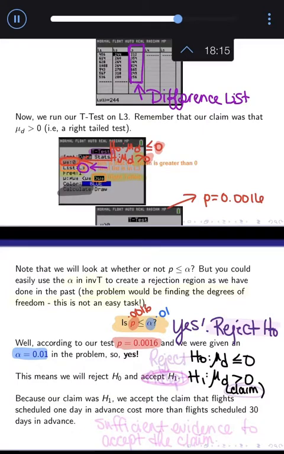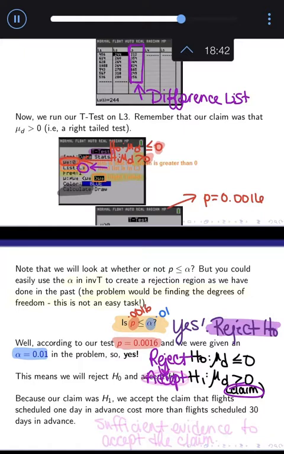Now, we just said that we are doing what? We are rejecting H naught. So we're not failing to do something, we're actually doing something. We're rejecting H naught, although that's not what I care about. I care about the H1, the claim. So if we're rejecting H naught, we're going to accept H1. We're going to do the opposite. We'll accept H1.